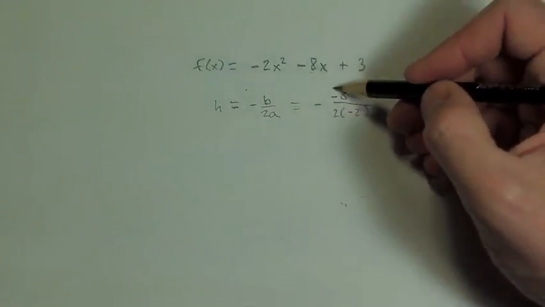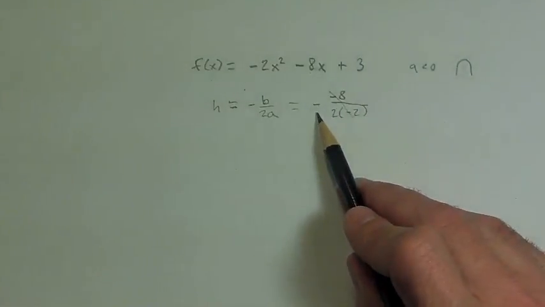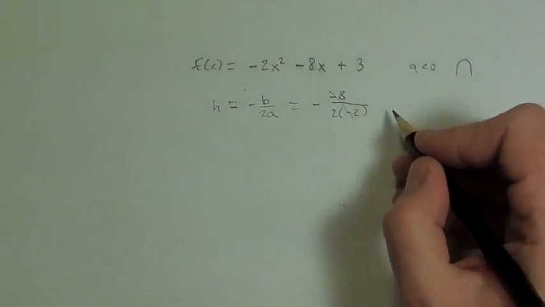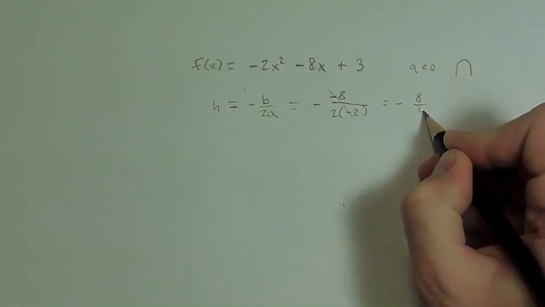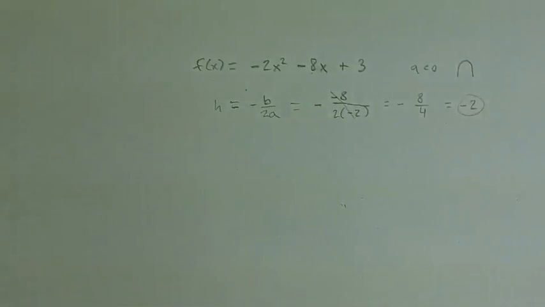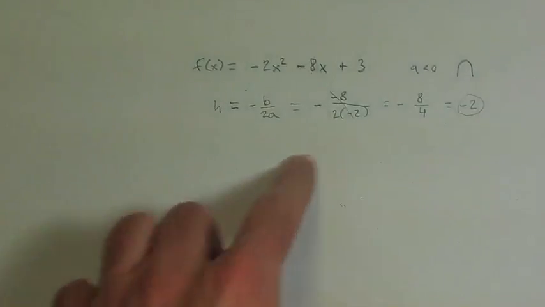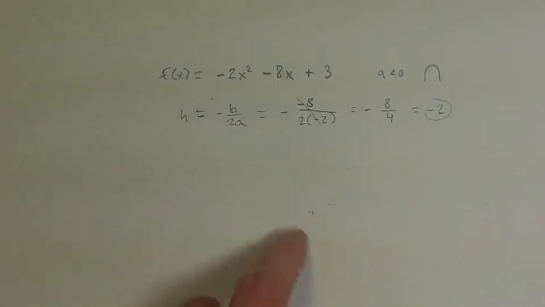So let's just be careful. These on the fraction will cancel, and then I'll still have this one on the outside here. So what I have now is -8 over 4. So we get -2. Again, it won't always be that way. Okay, you won't always get -2. It just kind of happened that way this time.